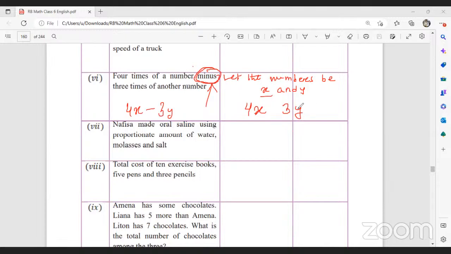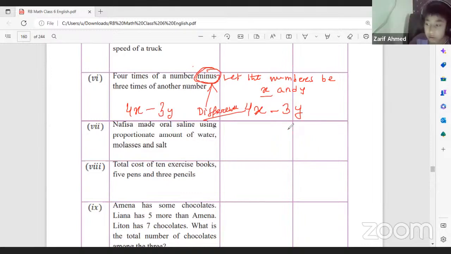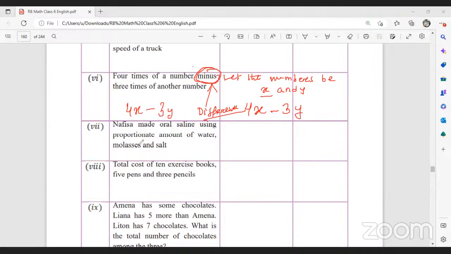But once we are told to find the difference, we have to put a negative symbol in front of 3y. Understood? Yes.